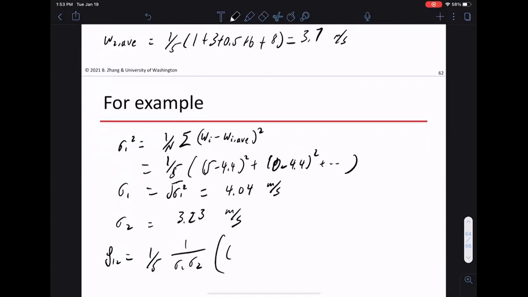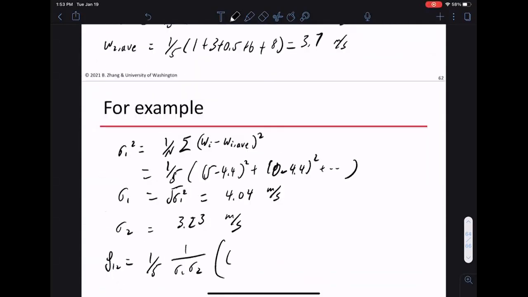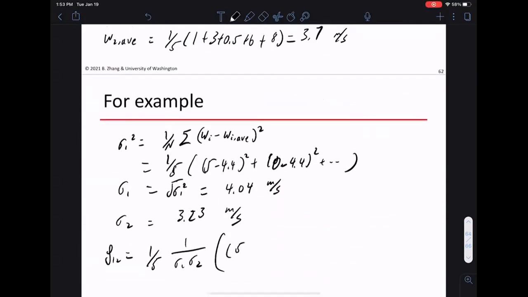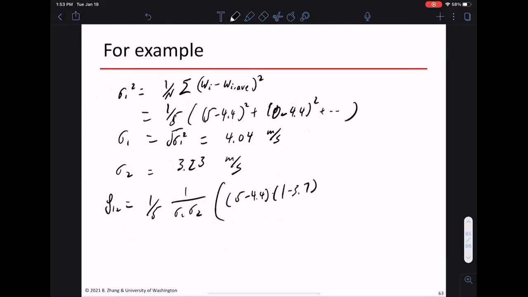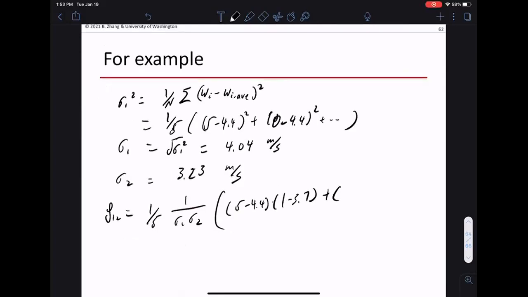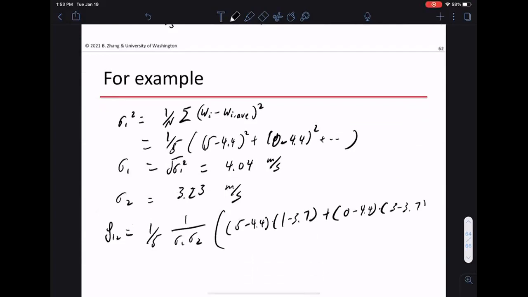Inside the terms, recall this is our equation, we have (5 minus 4.4) multiplied by (1 minus 3.7), plus (0 minus 4.4) multiplied by (3 minus 3.7). We add all the things up and we get something like 0.77. So both are fairly correlated.